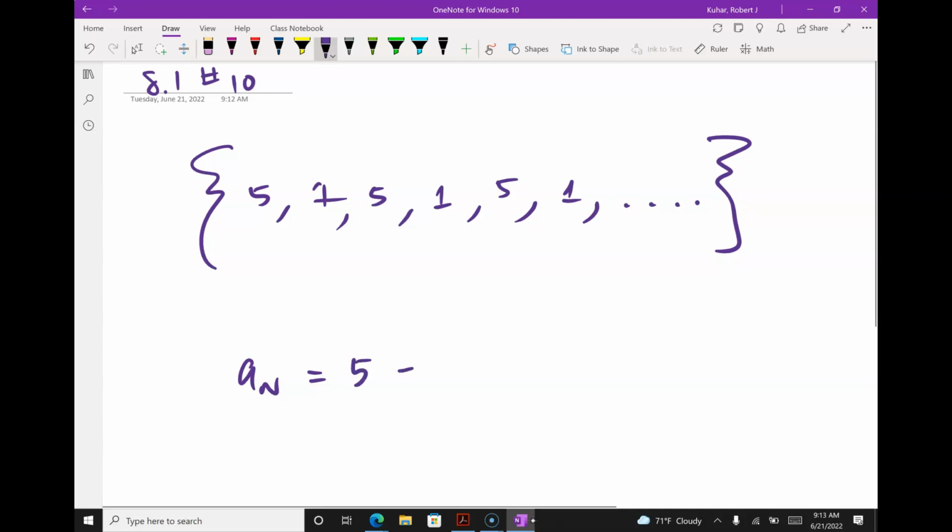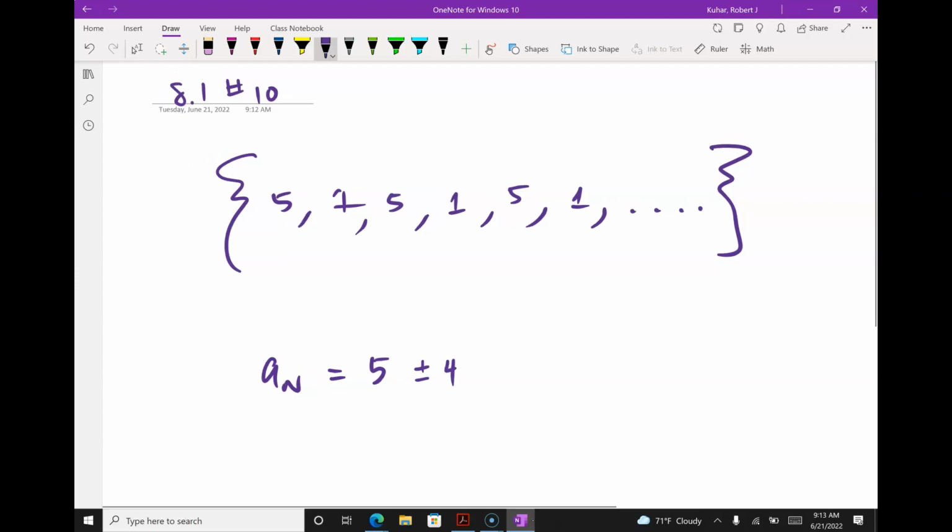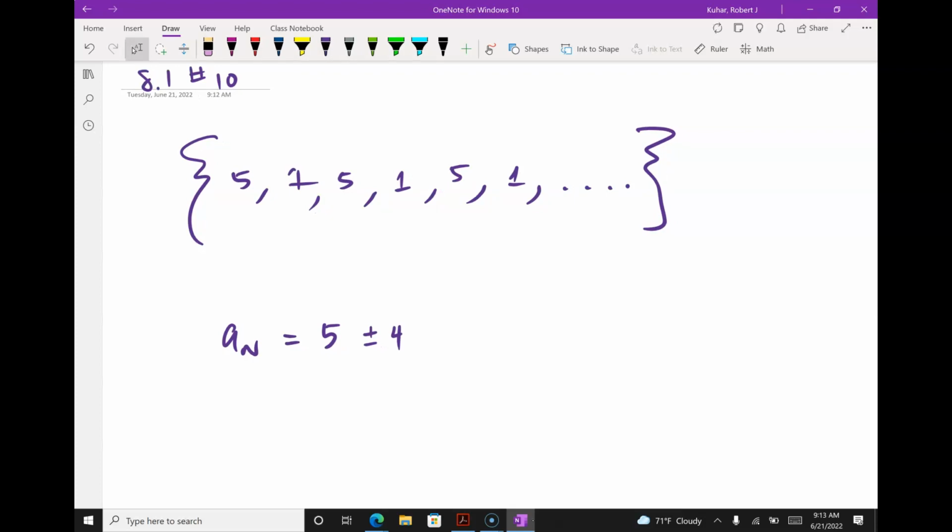So I want some kind of plus or minus 4 here. And I want that plus or minus to turn on and off as I go, right? So we'll probably just think of the on or off, right? How could I just come up with an on or off?